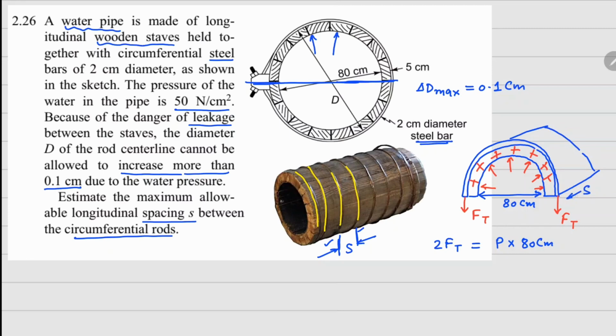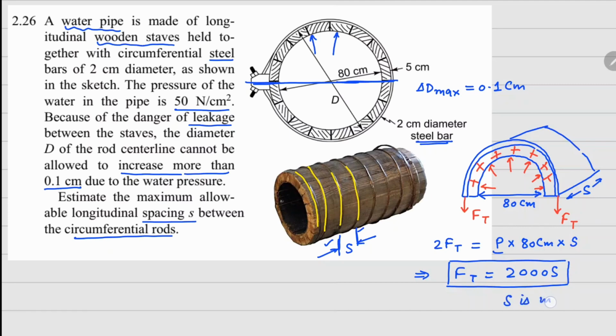This distance is S right here, right? So the area on which the pressure is going to be acting will come from this S also. So the projected area is going to be 80 times S. From this you can see your Ft value, if I substitute the value of P there, is 2000 S, where S is again written in terms of centimeters. This we need to keep in mind.